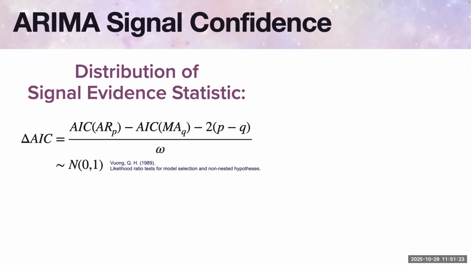This basically devolves into a log likelihood ratio, which would be standard and kind of stat 101 if these models were nested, but the AR(p) and MA(q) models are not nested, so we can't just appeal to basic statistics. But there is a more exotic version of the likelihood ratio test that we can invoke. Anyway, the point is that we can get a distribution around this thing, and the scaling factor can be estimated from the likelihoods of the data that you see. So we've got all the components to do this.